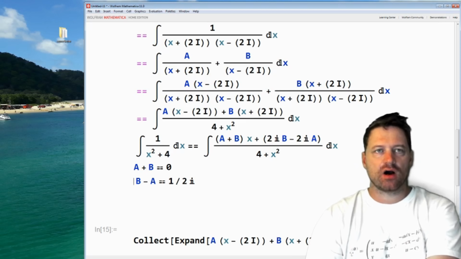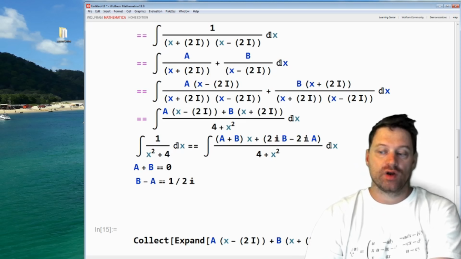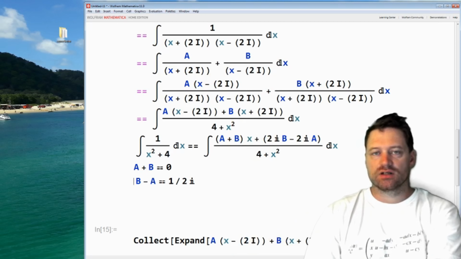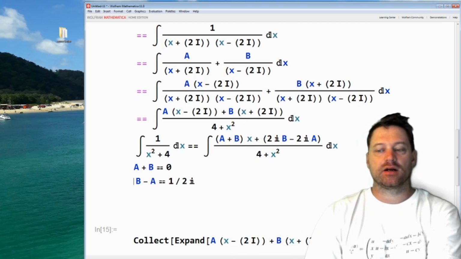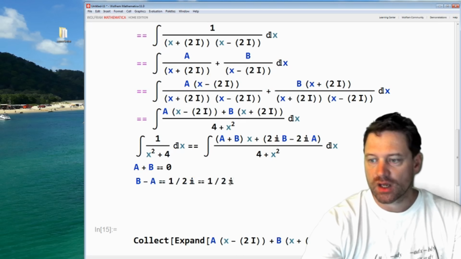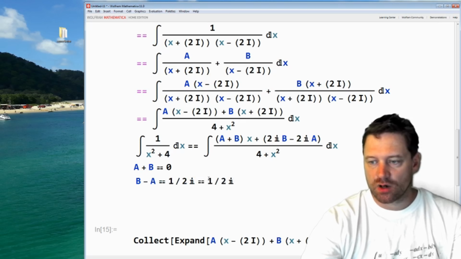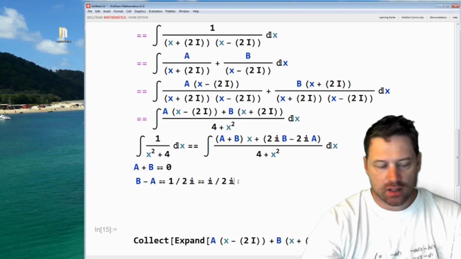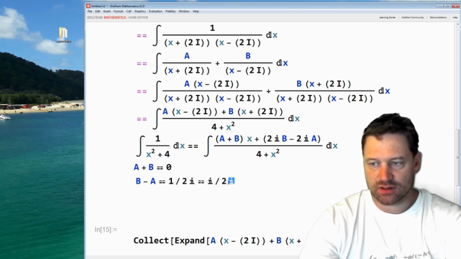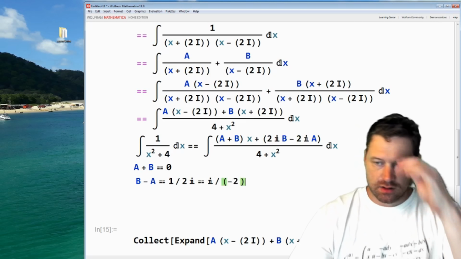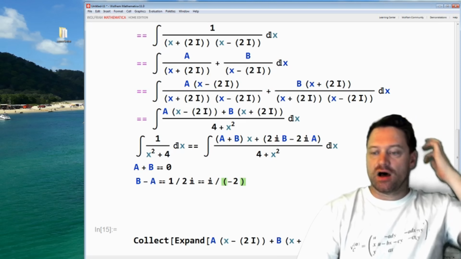Now, 1 over 2i can be written as something where the complex number has i in the numerator. So in other words, I can multiply numerator and denominator by i. Let's do that. i squared is minus 1, so this becomes minus 2. So in other words, minus a half i.